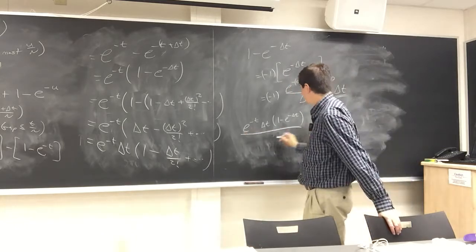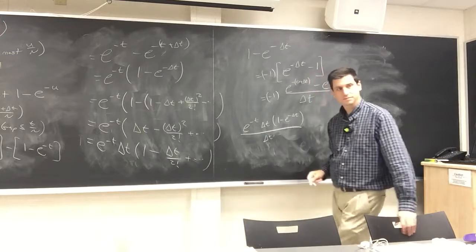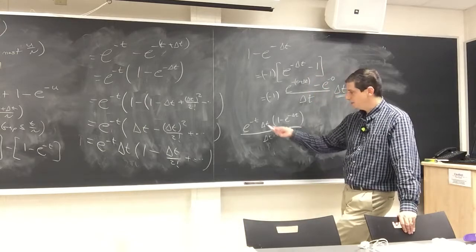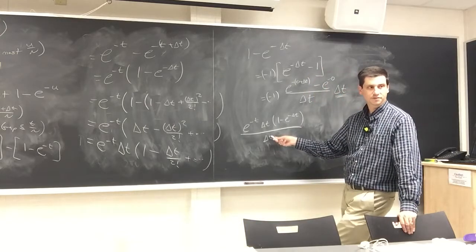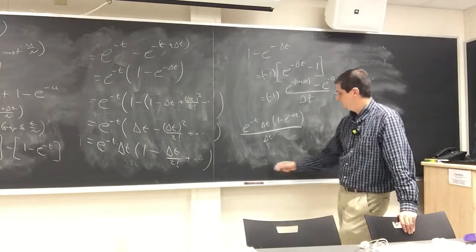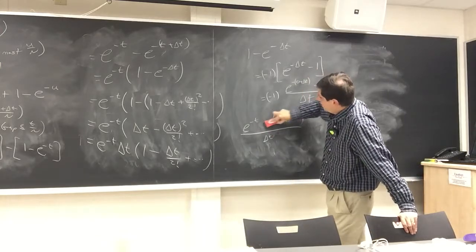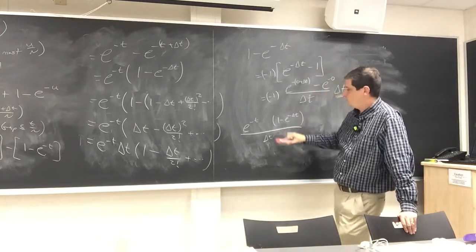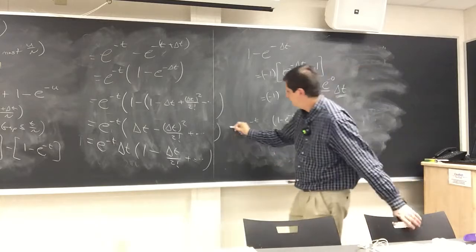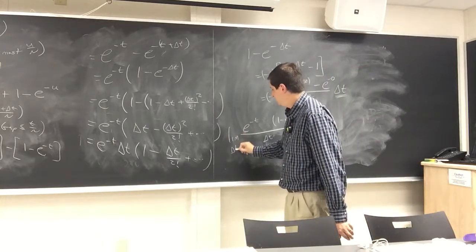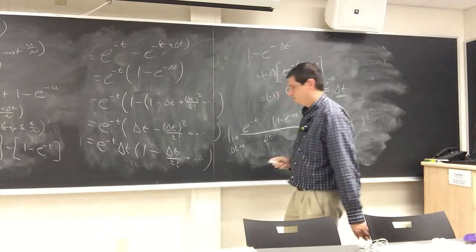Let's divide this by delta t, because that's what we were doing before to calculate the density. Sorry, we don't have the delta t yet. This was the expression we had. We divide by delta t, and we take the limit as delta t goes to 0.